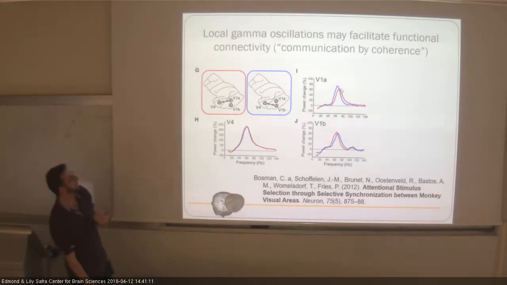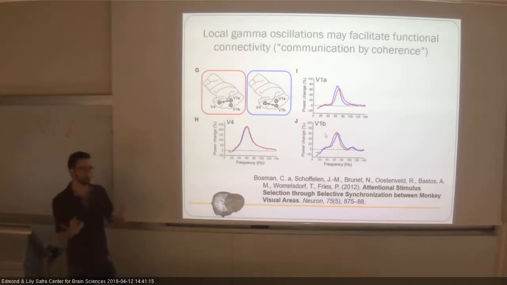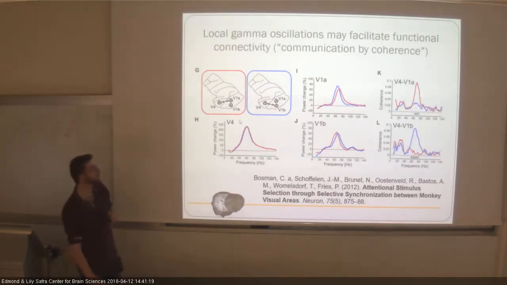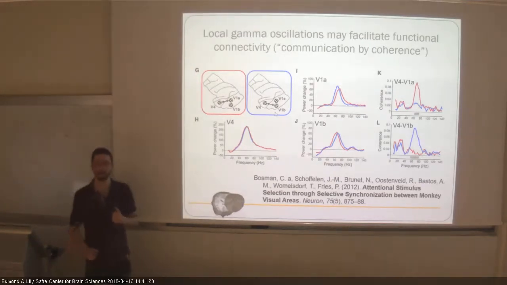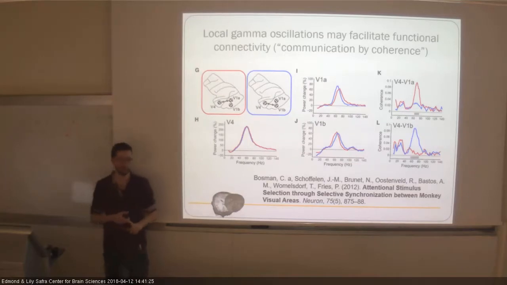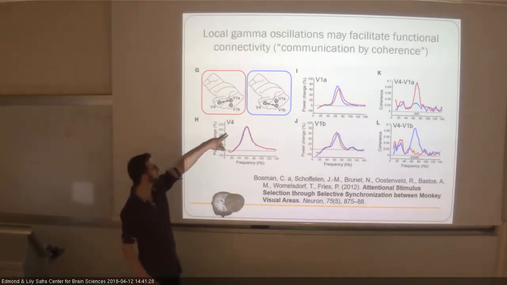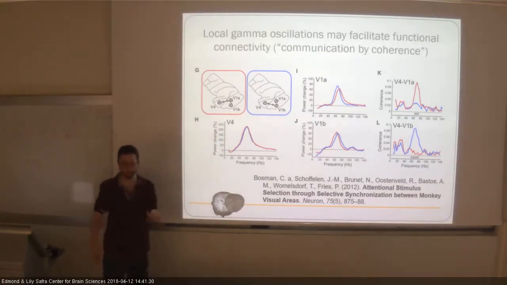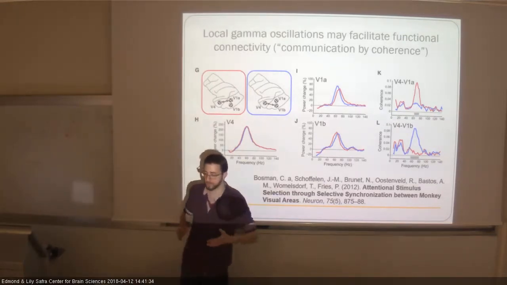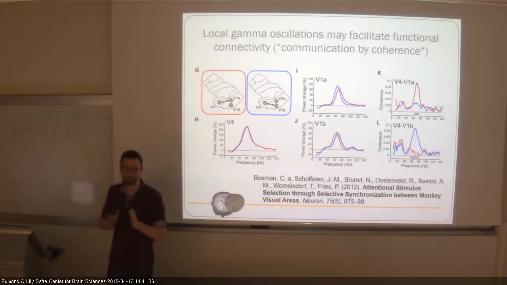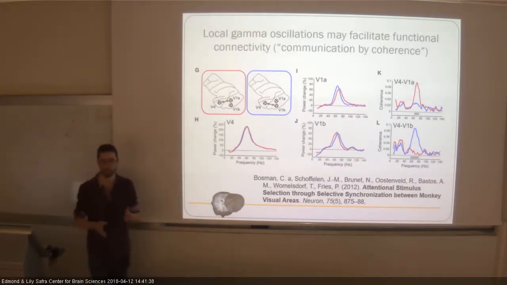So what happens is that, of course, both of them activate V1 because they are both present, and both of them activate V4. But the difference is that when we measure phase coherence between each of these V1 areas and V4, and phase coherence is basically, there are different ways to measure it, but basically what we're asking is whether there's a consistent phase relation between two signals.